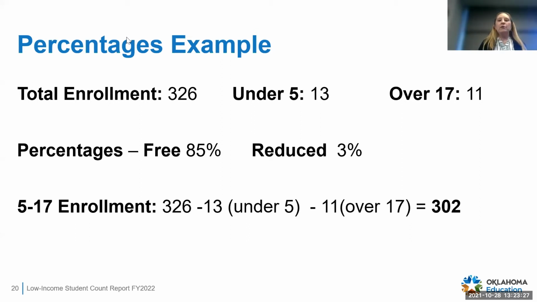In this example, 13 are under 5, and over 17 are 11. And your percentage in the system that you're being paid for your meals on a normal year, not CEP, is 85% of those students are free and 3% are reduced. So on your enrollment, you're going to minus out.